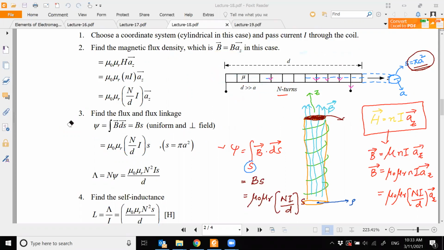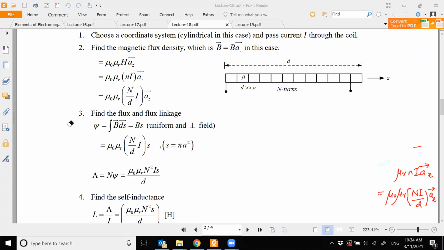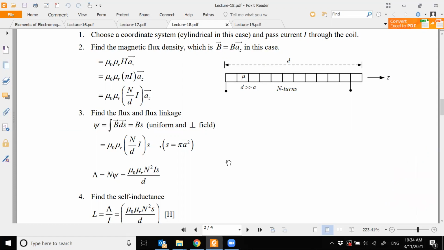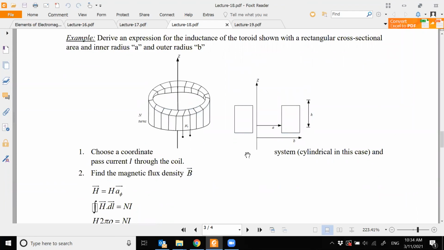Second, pass a current and then find the flux density. Third, find the flux passing through the cross-sectional surface of your loop, or the surface enclosed by your loop. And once you find the flux, then find the flux linkage and eventually find the self-inductance. Okay. So here you have it for the toroid.